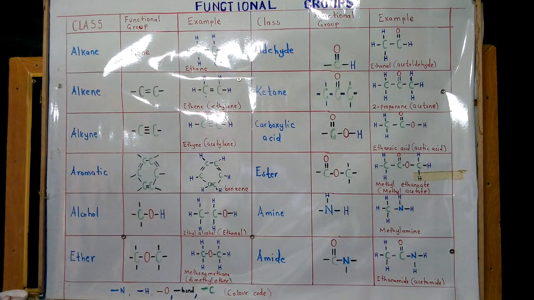As we have already said, we are going to look at functional groups in organic compounds. Organic compounds are basically made up of carbon and some of the elements in the periodic table that we discussed, that is oxygen, nitrogen, and so on.